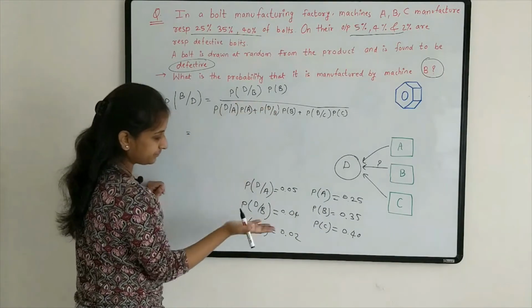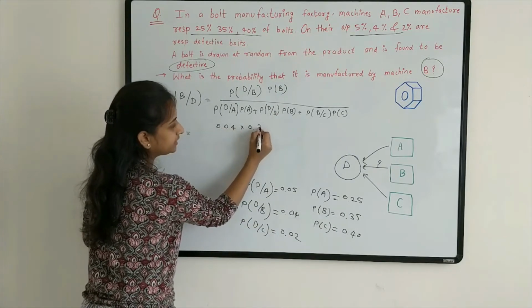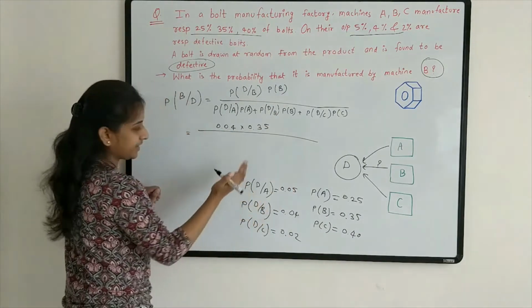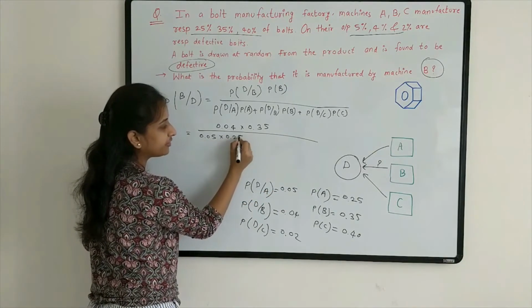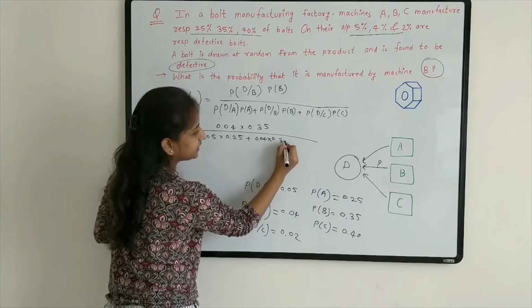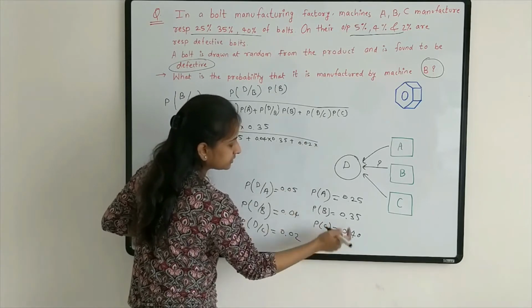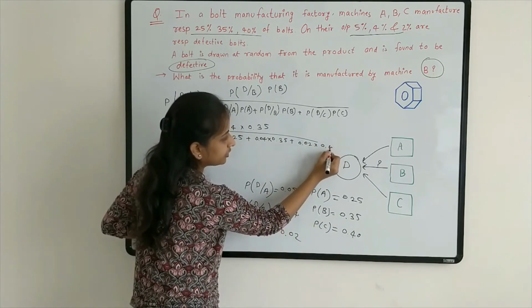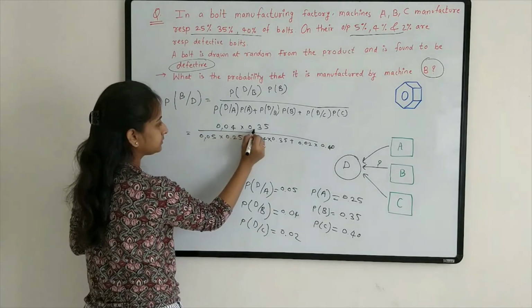Fine, let's substitute these numbers here and find the answer. Now numerator, this into this, 0.04 into 0.35, divided by 0.05 into 0.25 plus 0.04 into 0.35 plus 0.02 into 0.40. Fine. Now let's solve this.